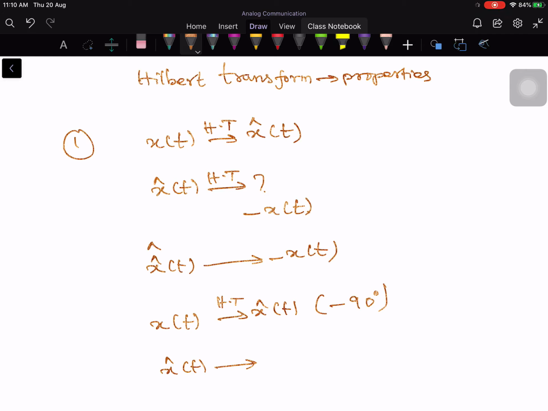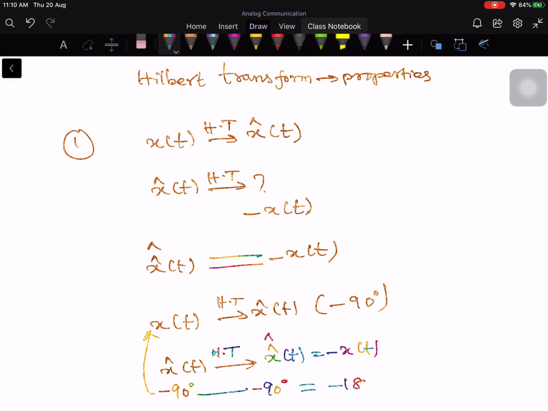Then x hat of t, again if you take Hilbert transform, I am sorry, this is equal sign actually. X hat of t, if you take a Hilbert transform, then it is going to be x double hat of t, which is equal to minus x of t. Why minus x of t? Already we have a minus 90 degree phase shift with respect to x of t, and again you are introducing one more minus 90 degree phase shift. So totally it undergoes a minus 180 degree phase shift.